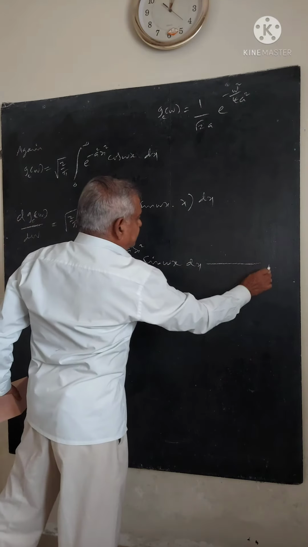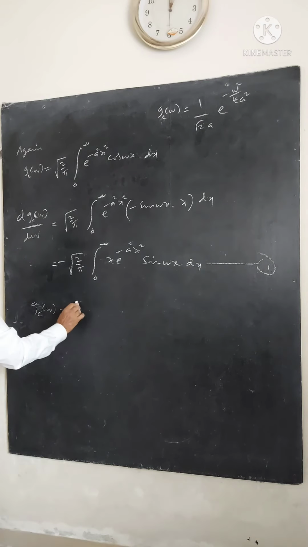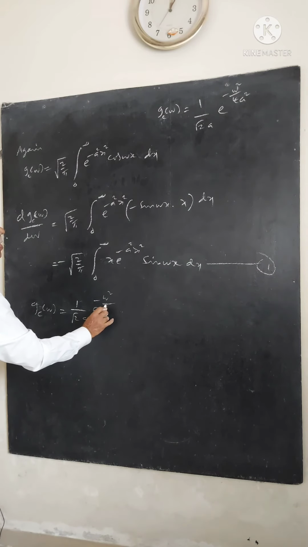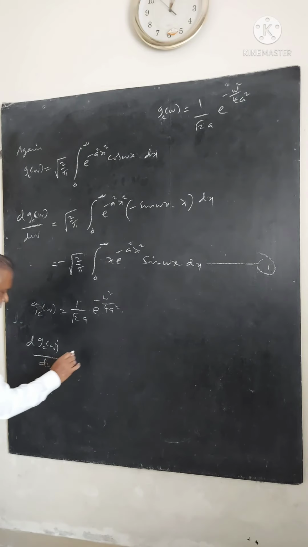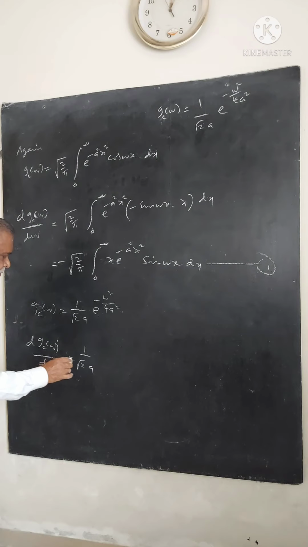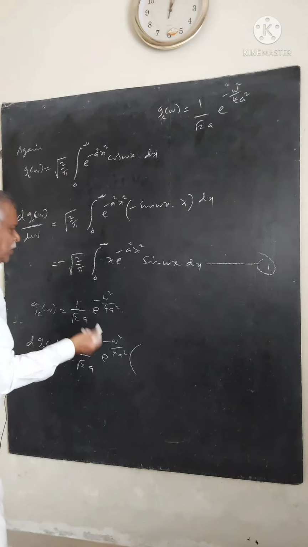Let this be 1. Again, take gc omega equal to 1 by root 2a e power minus omega square by 4a square. This is also differentiating the same way: dgc omega by d omega, differentiating with respect to omega. Therefore, 1 by root 2a e power minus omega square by 4a square, chain rule.